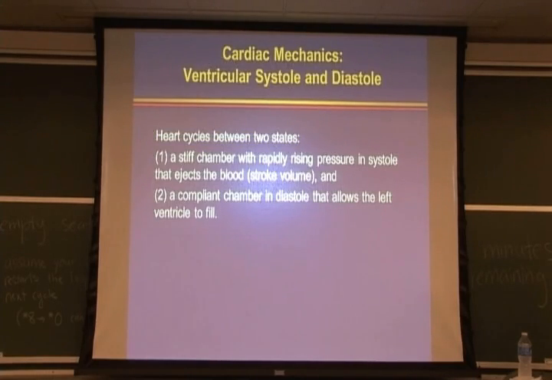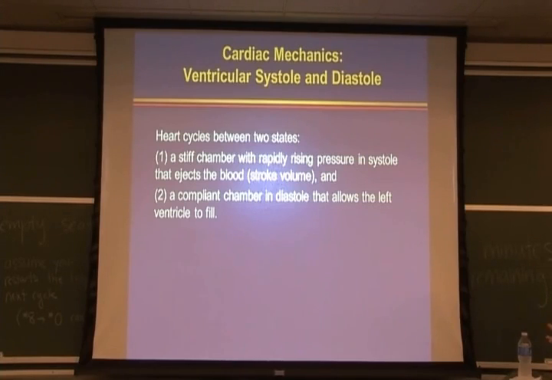So the heart, as you know, cycles between two states. One is systole, another is diastole, and it's very fascinating in the sense that during systole, the heart is a very stiff chamber which rapidly contracts to inject the blood to meet the demand of the body activities, what we call stroke volume.